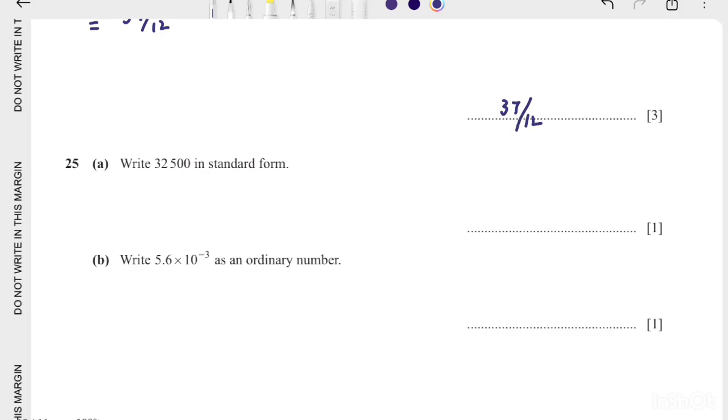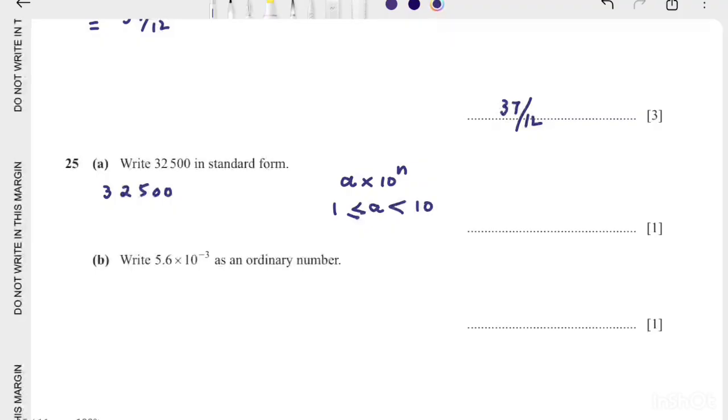Now question number 25. Write 32,500 in standard form. As we know, standard form is always written like this: a times 10 raised to the power n, and the value of a should always start from 1 and go up to 9.9999, that is, before 10.